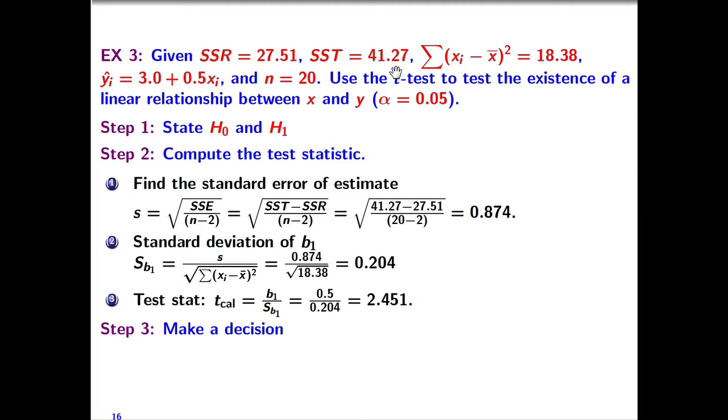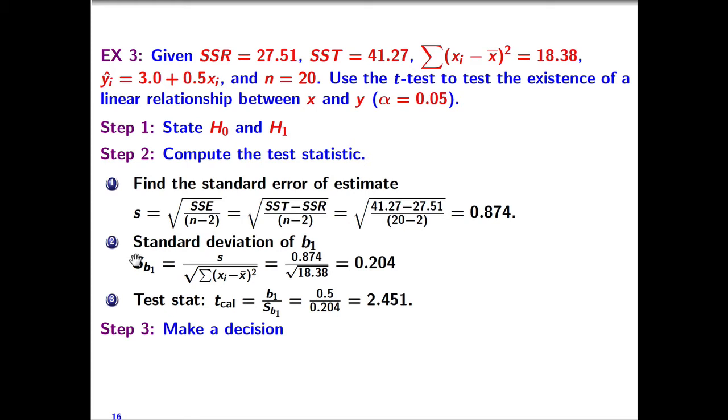SST is equal to 41.27, SSR is 27.51, and n is 20, so you have the square root of 41.27 minus 27.51 over 20 minus 2. Using your calculator, you'll be able to get this value, 0.874.